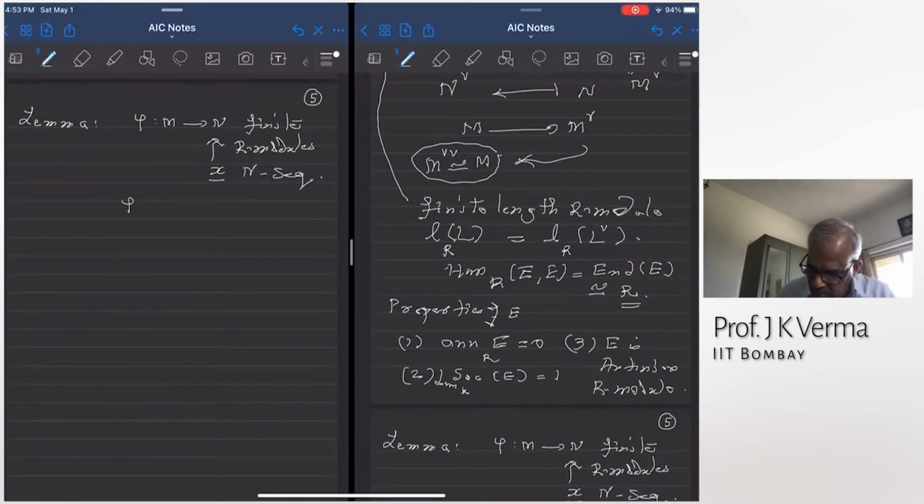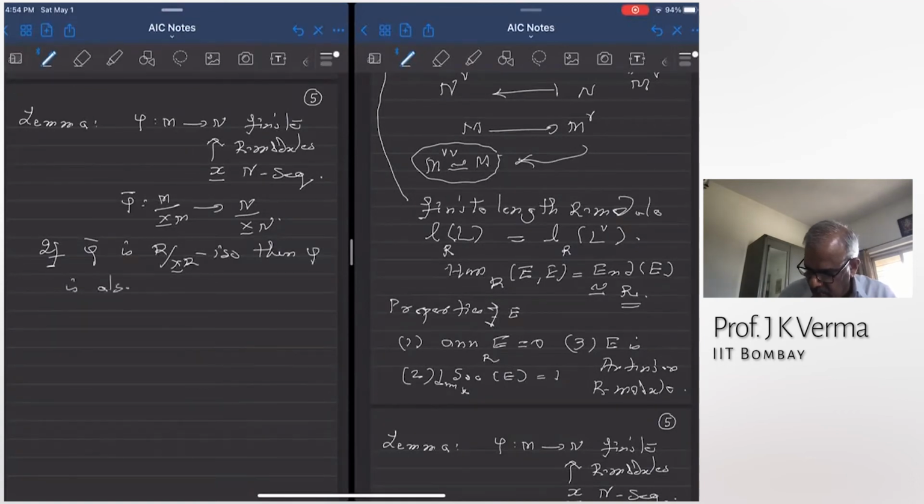So there is an induced map phi-bar from M/xM to N/xN. And this lemma says that if this phi-bar is an R/(x) isomorphism, then phi is also an R isomorphism.